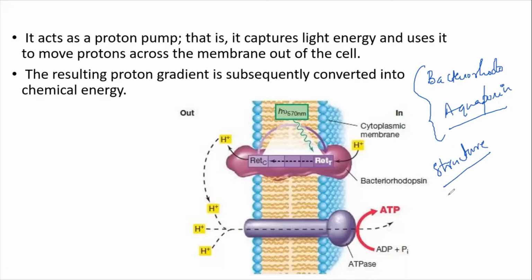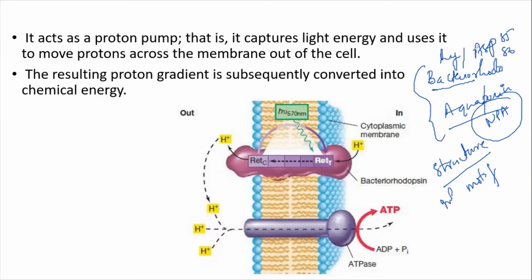Okay, and इसमें कौन से important motifs हैं, even though I have mentioned in the aquaporins and bacteriorhodopsin, like for example aquaporin we have talked about NPA. Please remember how this NPA is helping in the transport of water, right? And similarly, in the case of the bacteriorhodopsin, just now we talked about the lysine and the aspartic residues. 85, 86 is there, lysine 216 is there. Make a short note on this, make separate short notes.